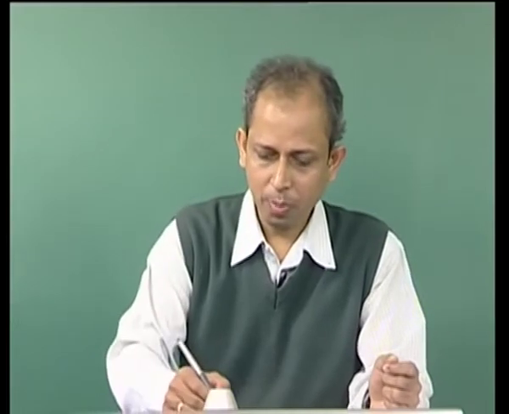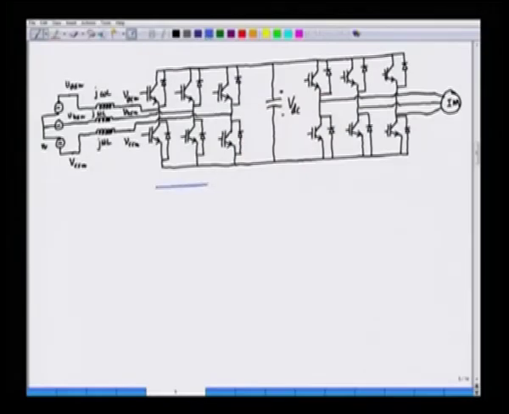So, for the motoring we can say that the power is flowing from the AC source to the load through the DC link. So, this is the flow of the power for motoring, and again this power is flowing to the motor. So, here we have the DC link.